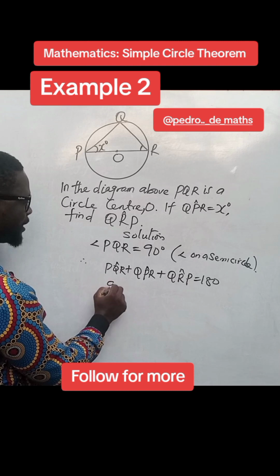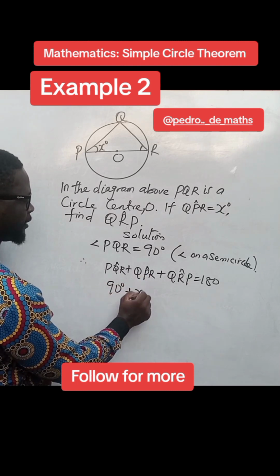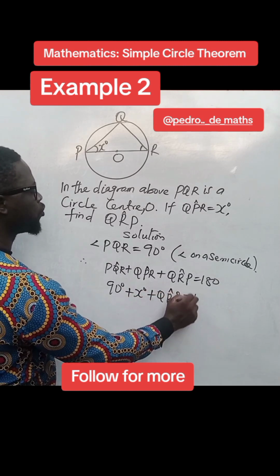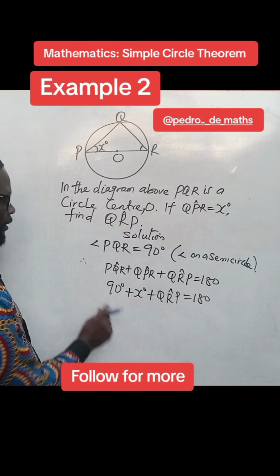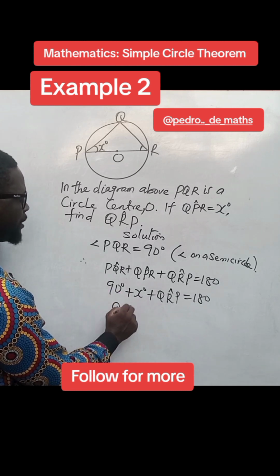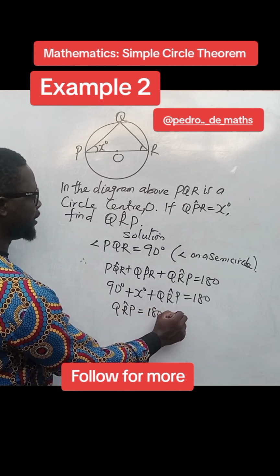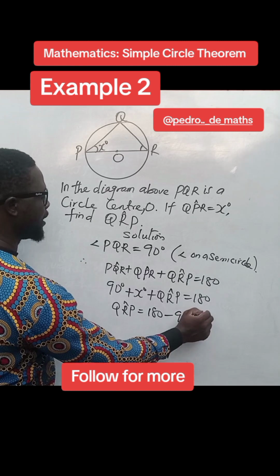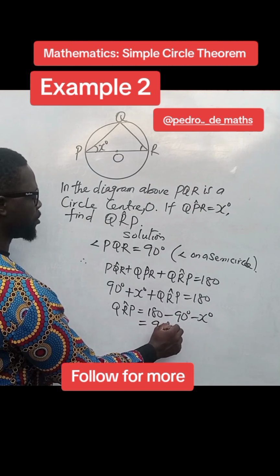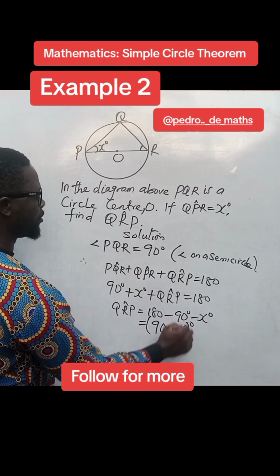This is 90 degrees, this is x degrees, and this is what we're looking for, equals 180. So we now have that angle QRP is equal to 180 minus 90 degrees minus x degrees, which is simply 90 degrees minus x.